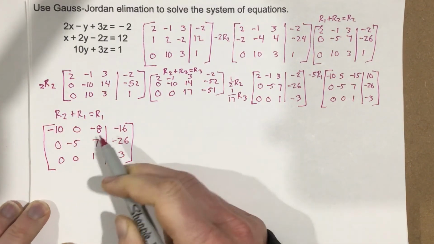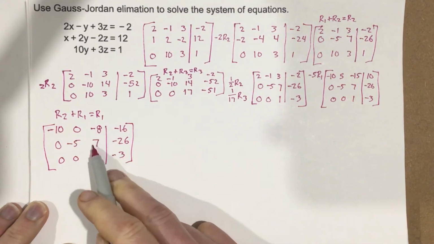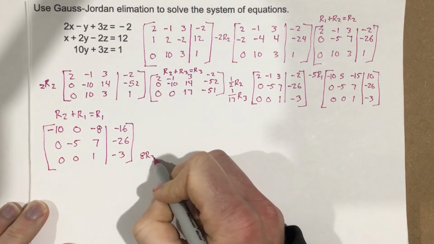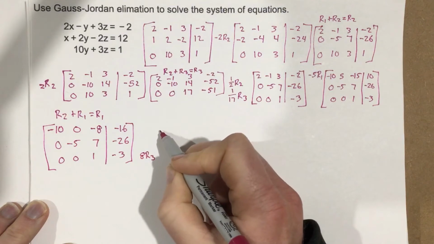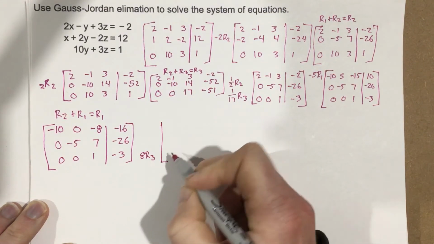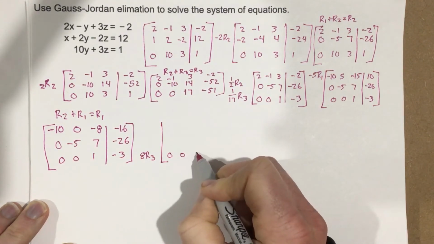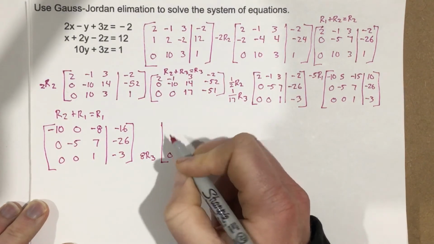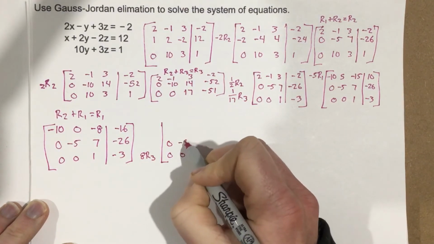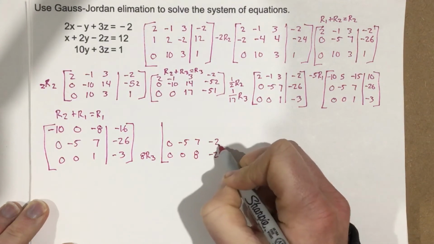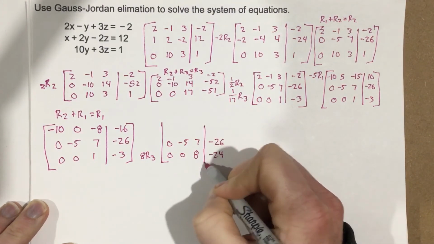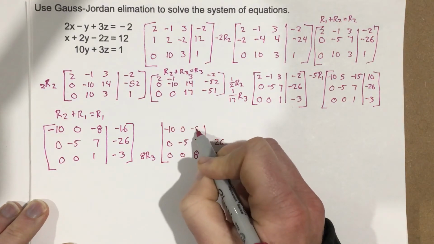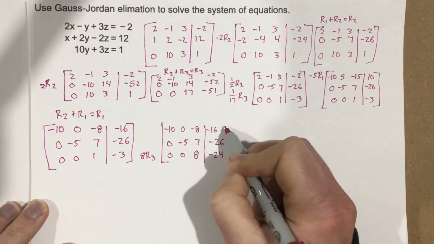Now we just got to cancel this to be 0 and this to be 0. So let's start by doing 8 times row 3. And when we do 8 times row 3, 0, 0, 8, negative 24, 0, negative 5, 7, negative 26, and negative 10, 0, negative 8, negative 16.